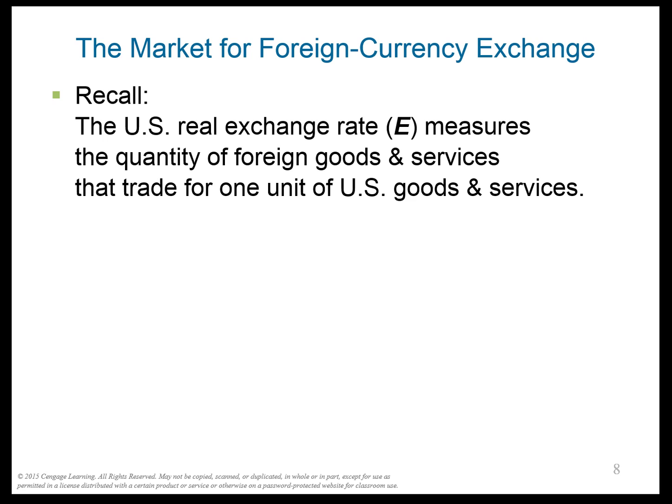And when I go to put this on a supply and demand graph, just like all supply and demand graphs, I'll have a quantity on this side, and I'll have a price or a value on this side. Well, what are we going to use for the value of dollars in the foreign market? What is the value of a dollar on the foreign market?